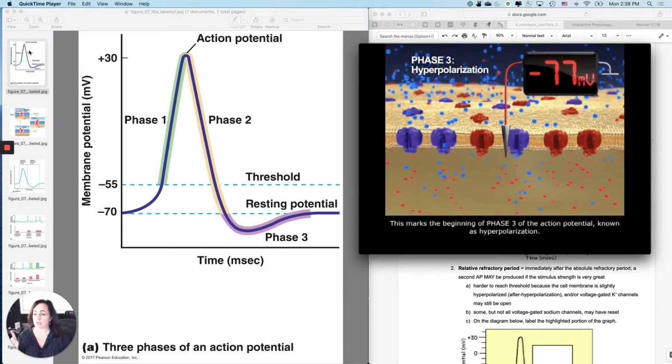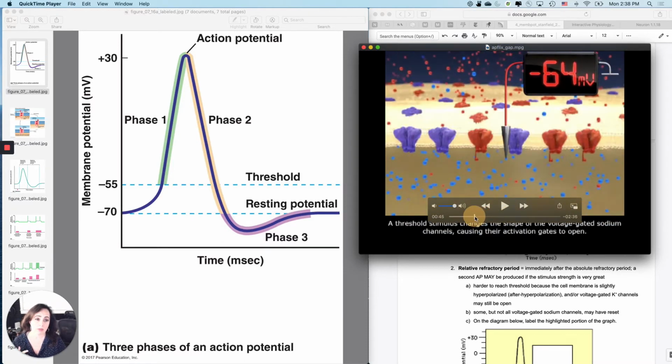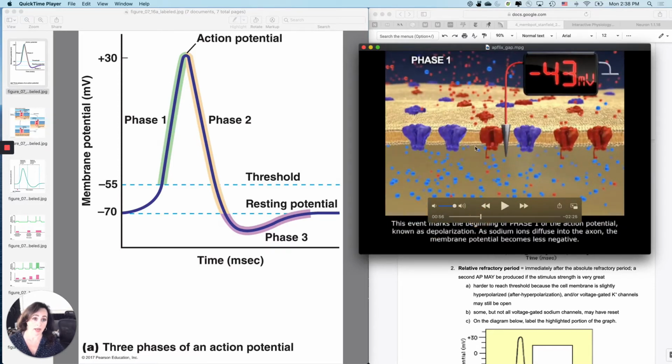Okay, so what I want to talk about is when could you at least theoretically get another action potential and when could you not? So look at the position of this sodium channel when I hit minus 55. So I had the top gate closed and the bottom gate open. And then I opened the top gate, and now sodium is moving in.